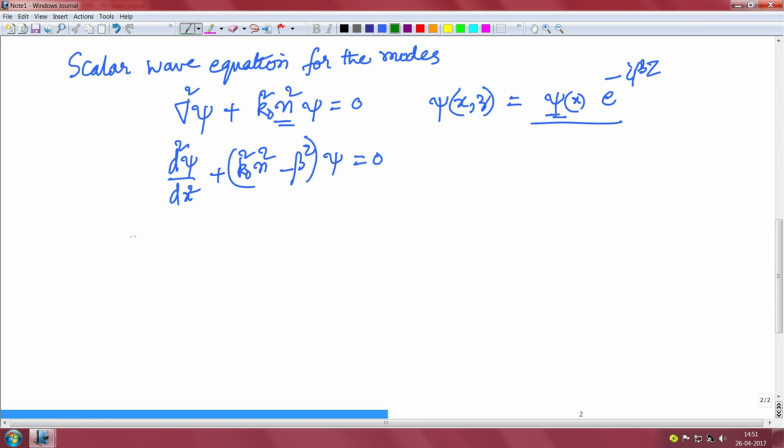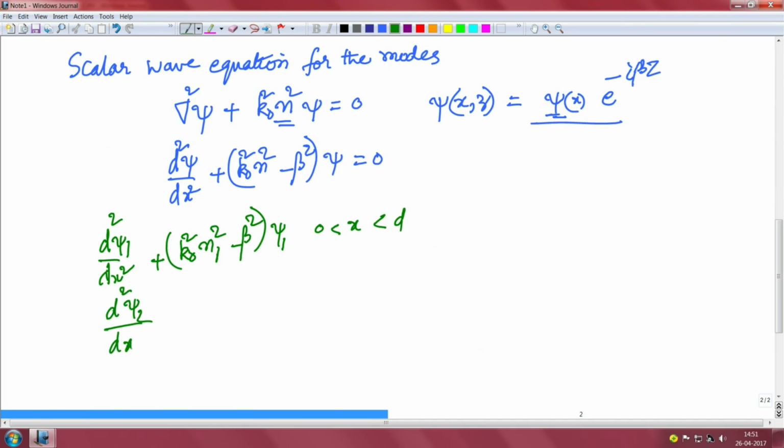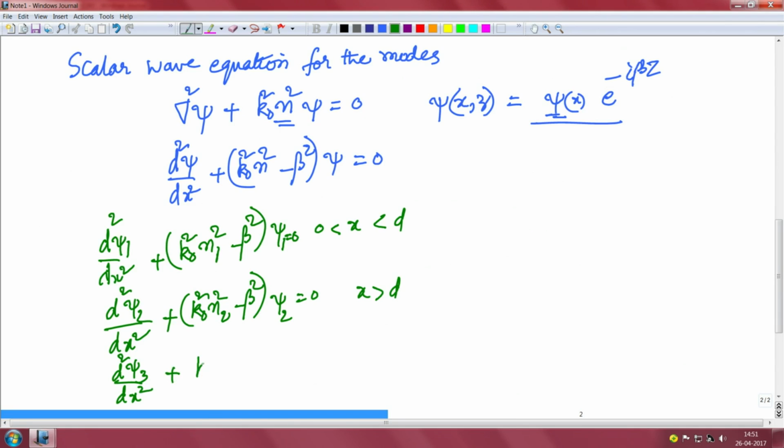In each region we have the following differential equations: d square psi 1 by dx square plus k0 square n 1 square minus beta square of psi 1 equal to 0 in the region defined by x equals 0 to d, and d square psi 2 by dx square plus k0 square n 2 square minus beta square of psi 2 equal to 0 for x greater than d in the substrate, and d square psi 3 by dx square plus k0 square n 3 square minus beta square of psi 3 equal to 0 in the cover region for x less than 0.